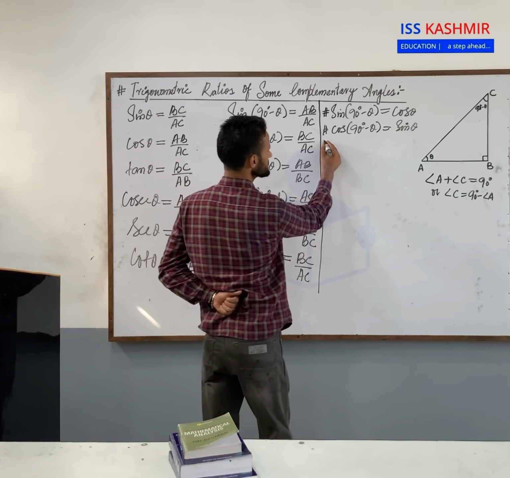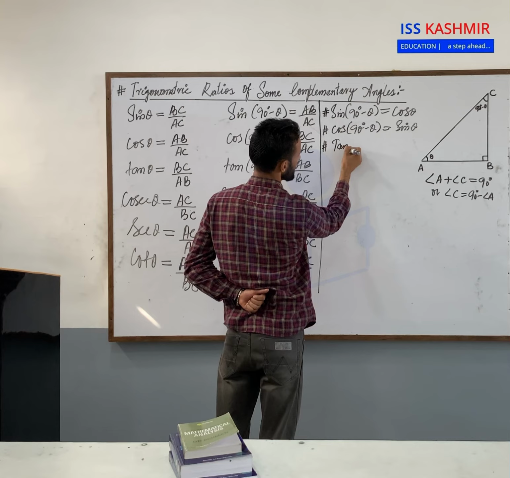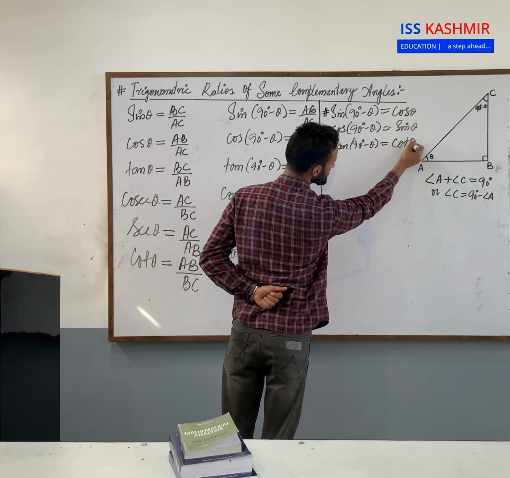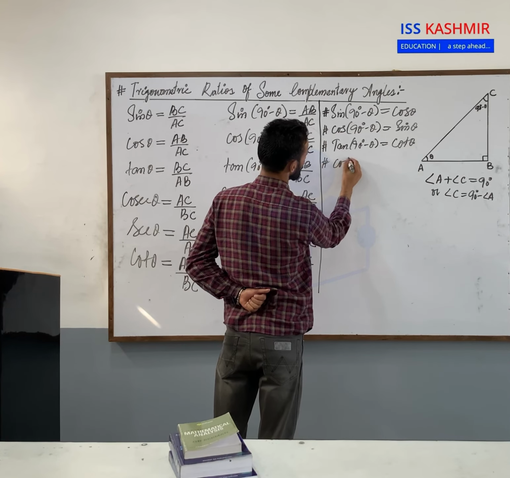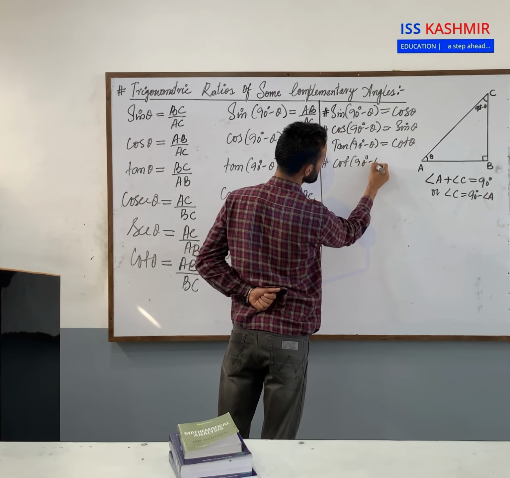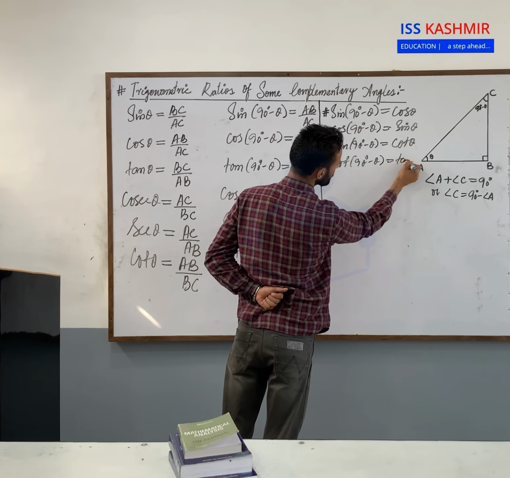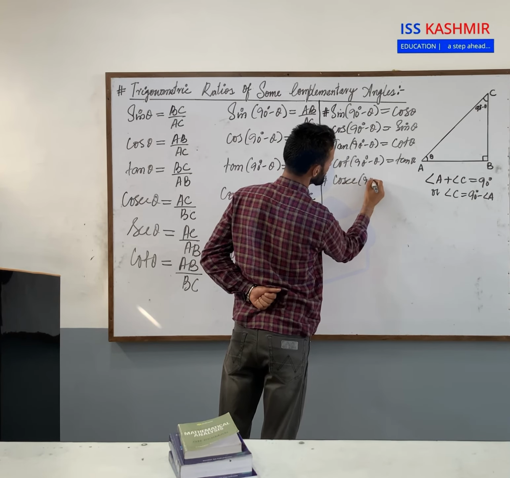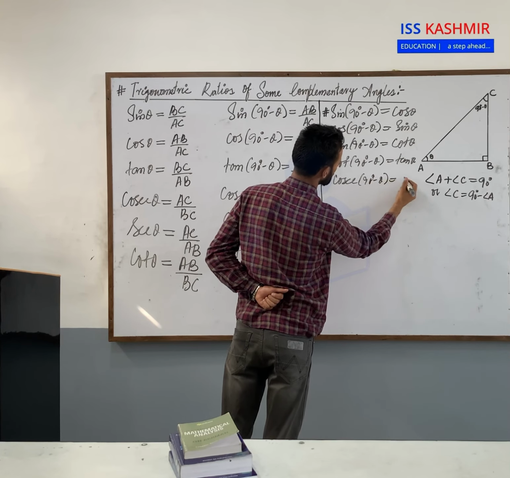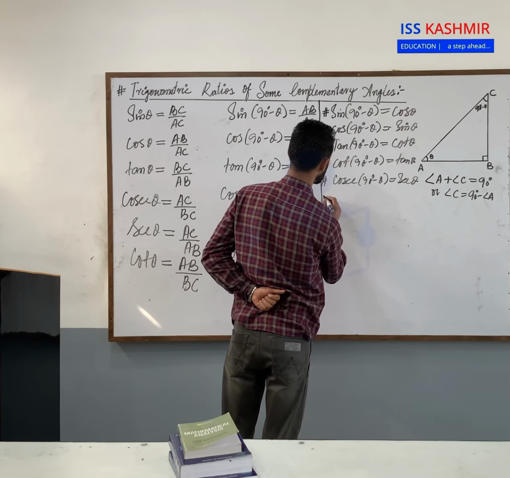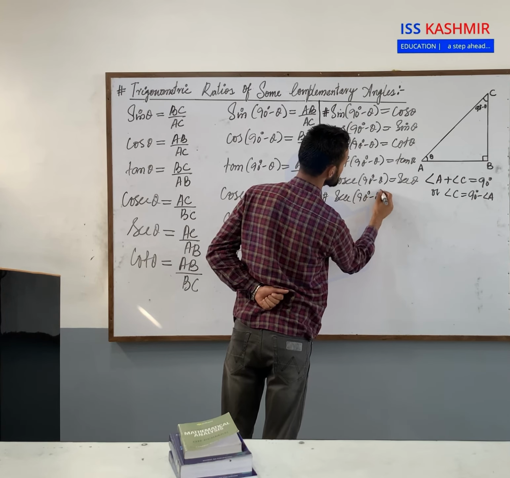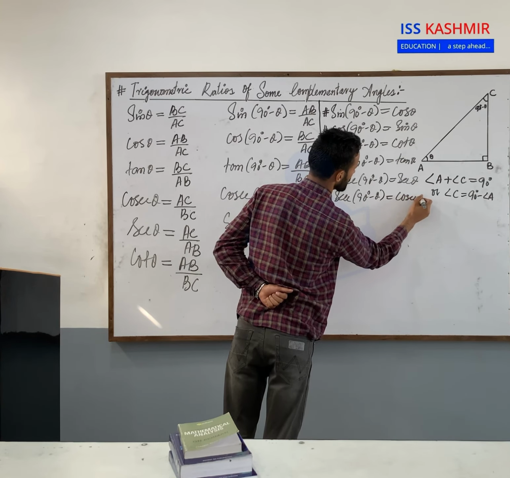The third one is tan of 90 minus theta, that is equal to cot of theta. Similarly, cot of 90 minus theta is equal to tan of theta. Then cosec of 90 minus theta is equal to sec of theta, and finally sec of 90 degrees minus theta is equal to cosec of theta.